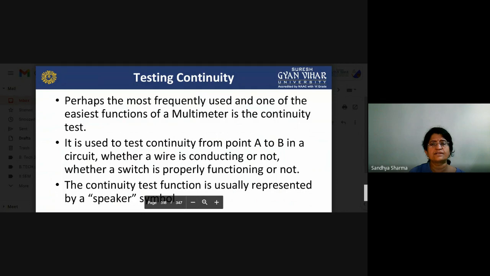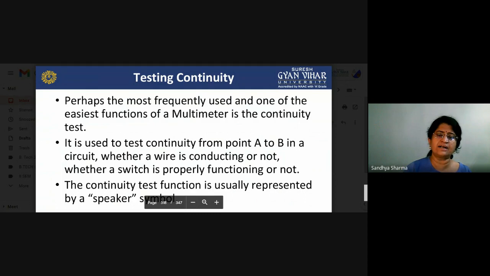It is used to test continuity from point A to B, to check whether a wire is conducting or not, and whether a switch is functioning properly or not. You check connectivity: is that particular point disconnected, and due to this there is no flow of current? That is the continuity test.